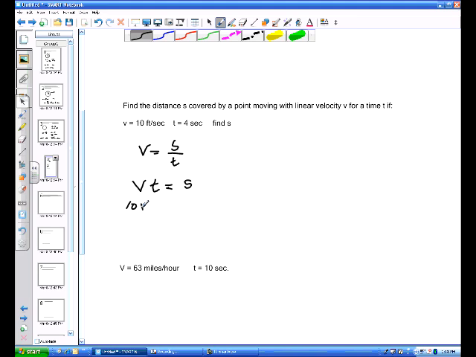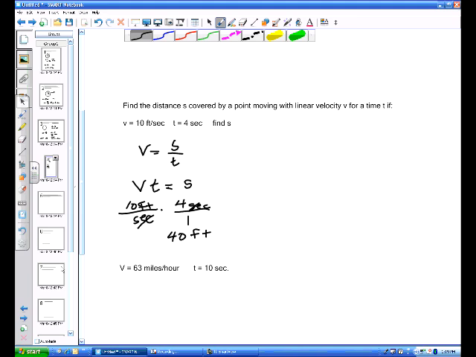So we have 10 feet per second times our time of 4 seconds. So our seconds cancel, and we're going to end up with 40 feet, which is a unit of length.